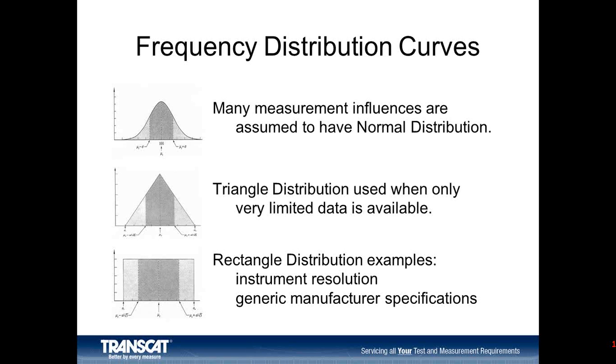So again, the applicability of these different types, and of course there are a multitude of other types, but for these 3 identified in the ISO guide, there are many measurement influences that fall into this category of normal distribution. The vast majority of repeatability measurements, a large portion of instrument specifications, calibration, traceability, uncertainty typically has this kind of distribution.